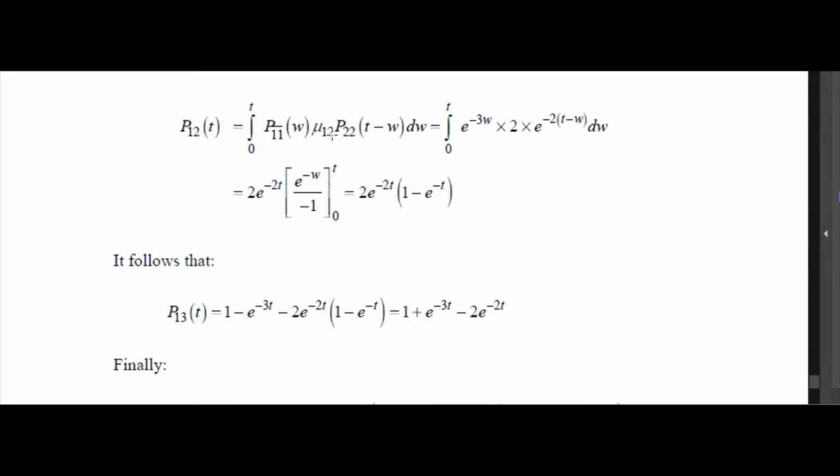This is the transition one, and in a similar way, here we are talking about 1 to 2, and that way we are talking about 2 to 2, t minus w. So P11 bar(w), this is the first expression, that is the holding time, staying in this state. If you want to compare with that one, P11 bar, I will show you here.